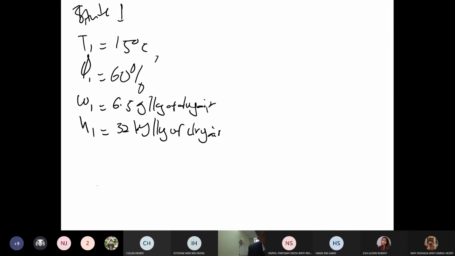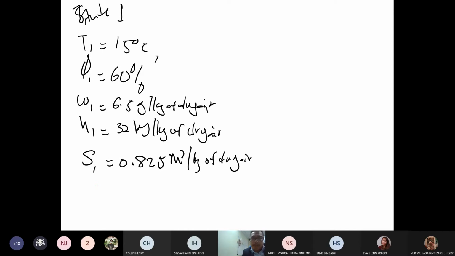This is the specific volume. I'll just write it as S, specific volume, but this is not entropy. So the specific volume is 0.825 cubic meters per kilogram of dry air.